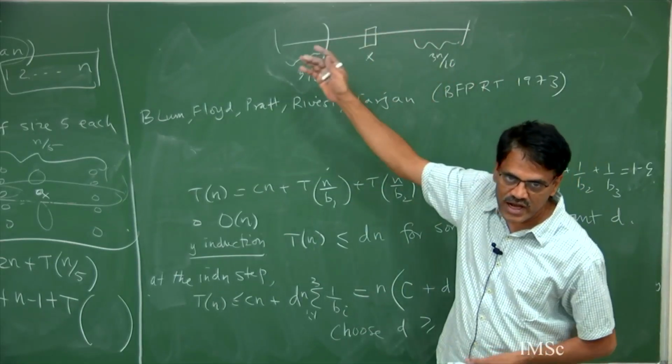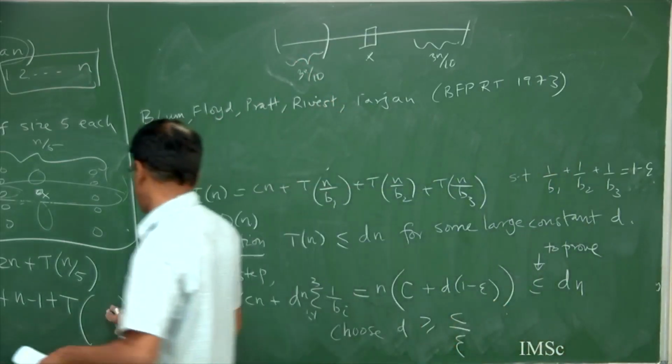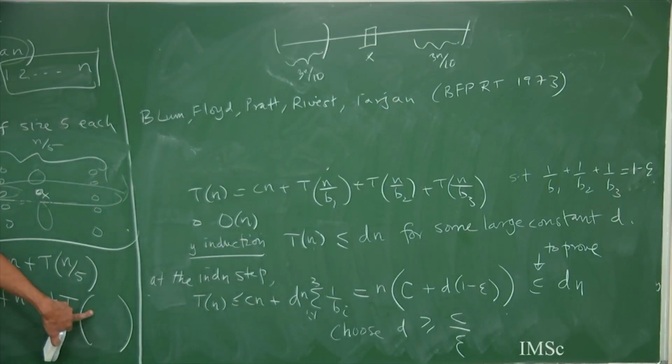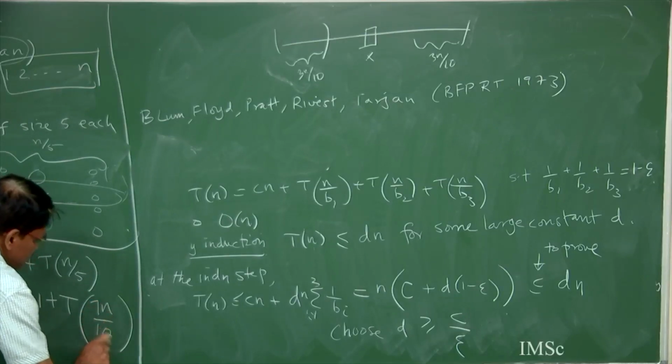If I ended up recursing there, I throw out the ones here. So, how many remain? This is at most 7n by 10. 3n by 10 elements are gone. So, this is at most 7n by 10.